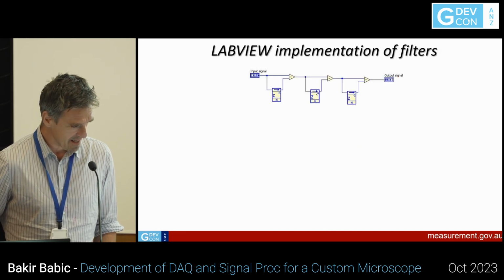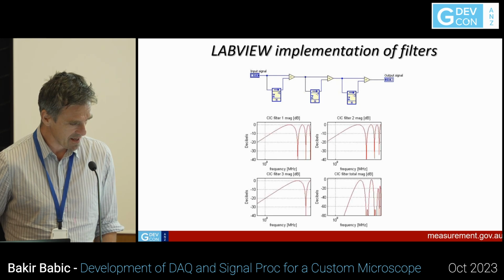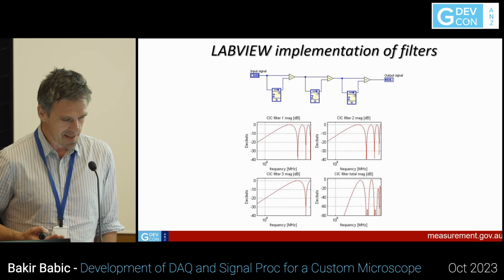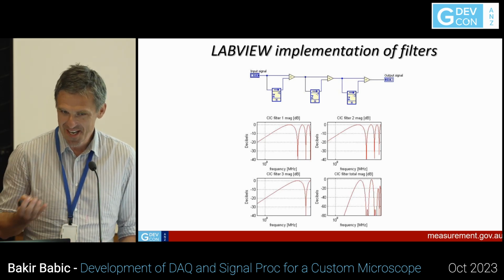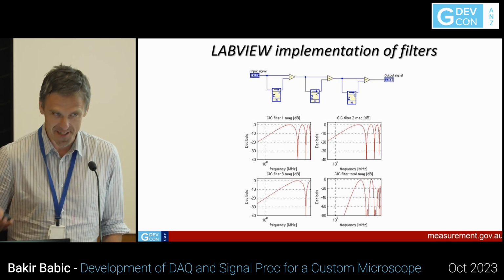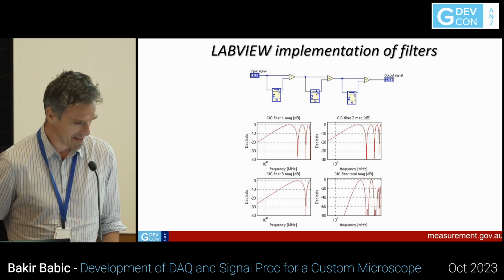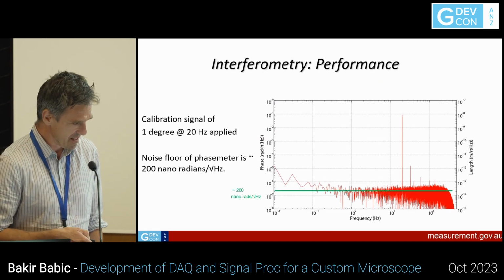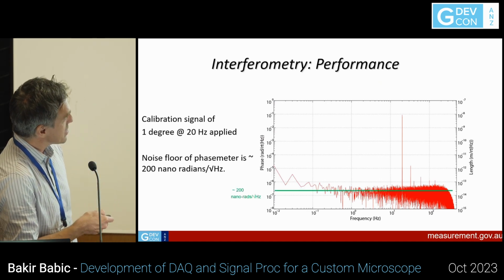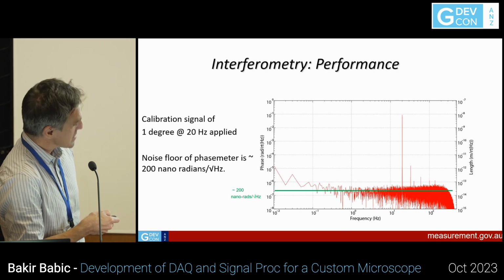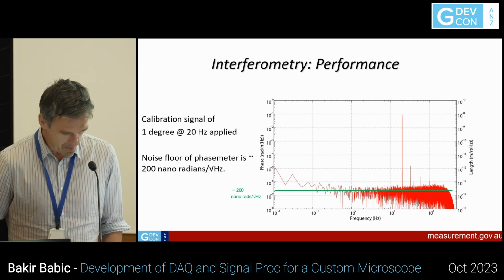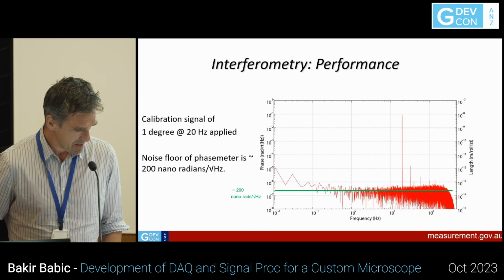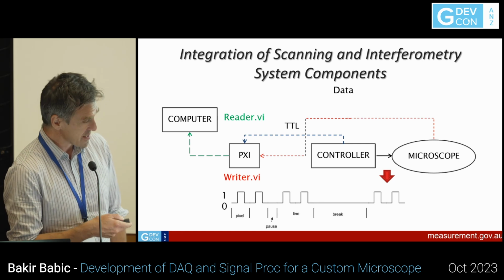And then filtering, and it's almost democratized what people can do, and that's why LabVIEW is great. So this is the performance of our phase meter, and you see that we get deep sub-nanometer displacement measurement.